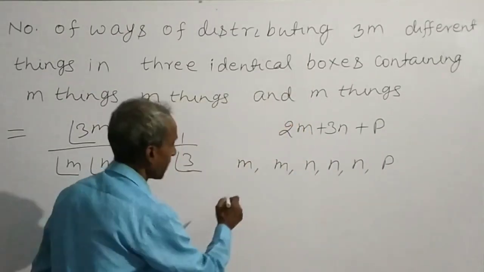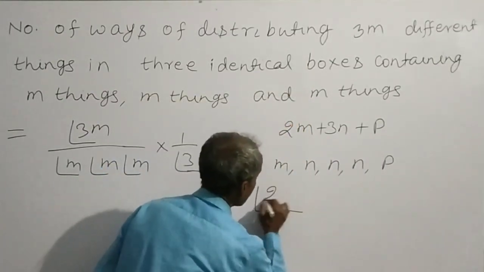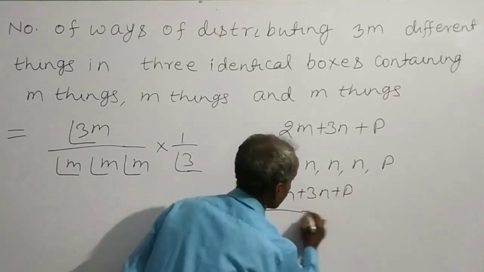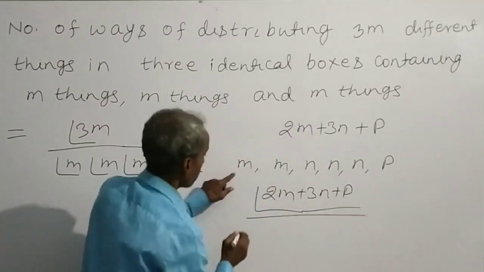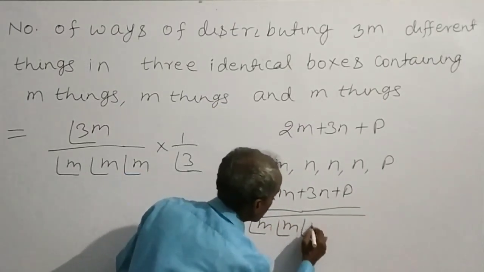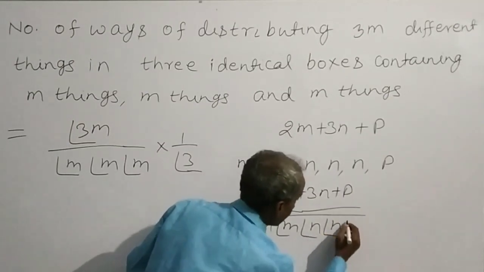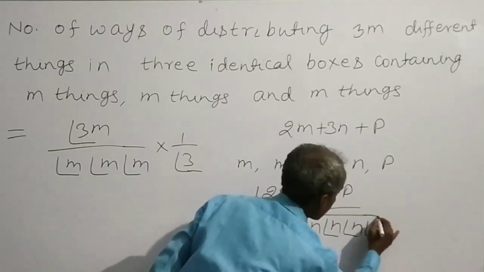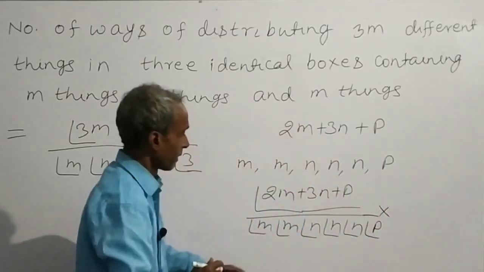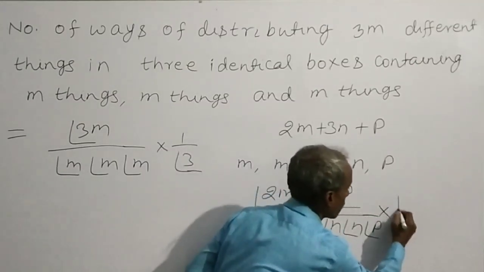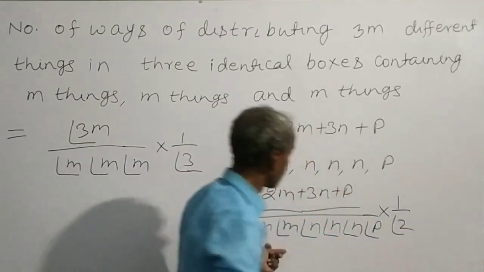Then the number of ways will be factorial 2m plus 3n plus p divided by factorial m, factorial m, factorial n, factorial n, factorial n, factorial p, times, since the number of things in 2 boxes are equal, we will divide by factorial 2.